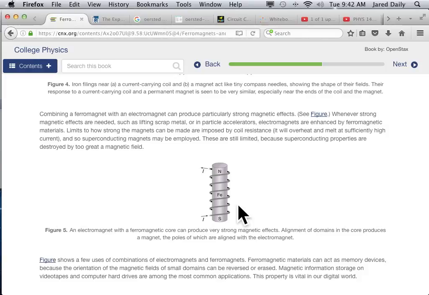So, this time for a demonstration. How many of you have seen a ring launcher before? A ring launcher. So this is an electromagnet.